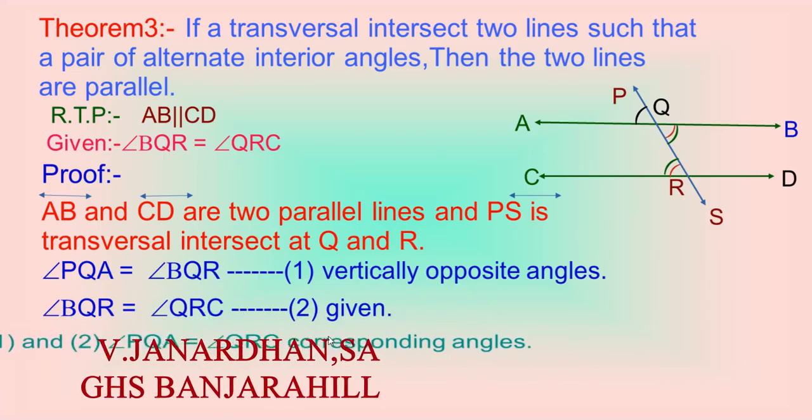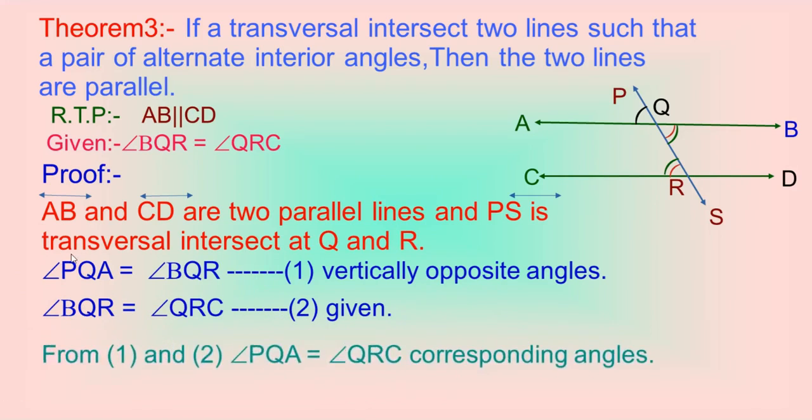From 1 and 2, PQA is equal to QRC, which are corresponding angles. If the corresponding angles are equal, then the lines are parallel. Therefore, AB is parallel to CD.